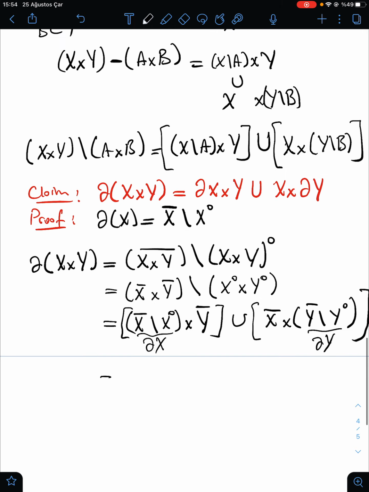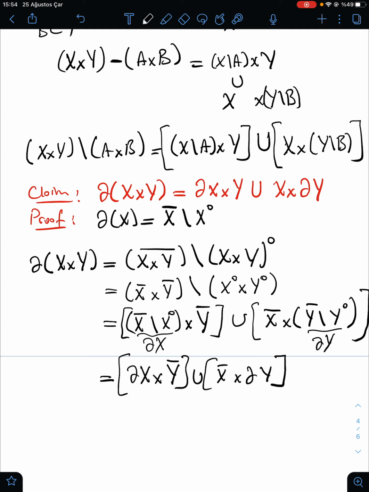So write it again: boundary of X Cartesian product Y's closure, union X's closure Cartesian product Y's boundary. I said that this should be Y and X, but with their closures, of course.